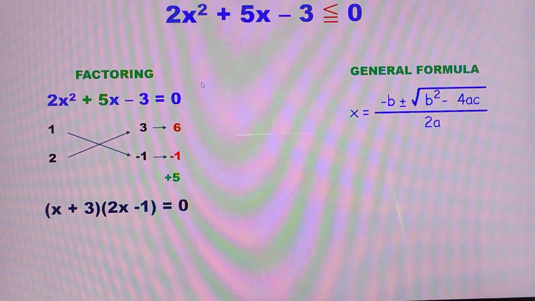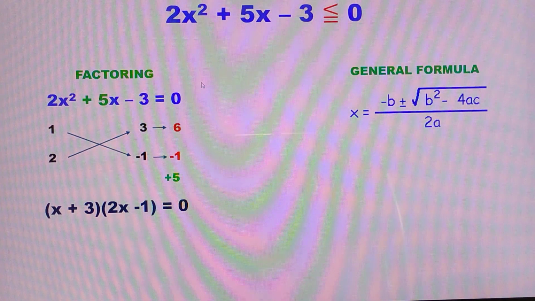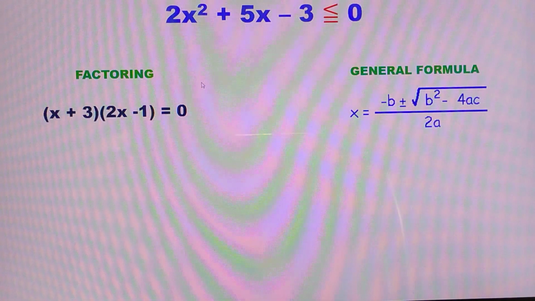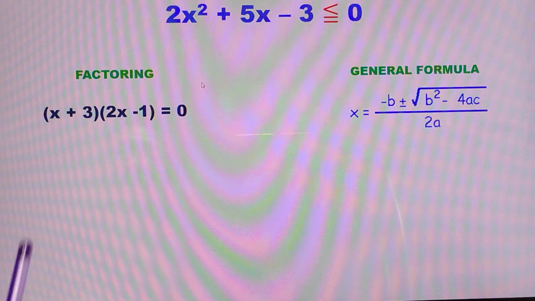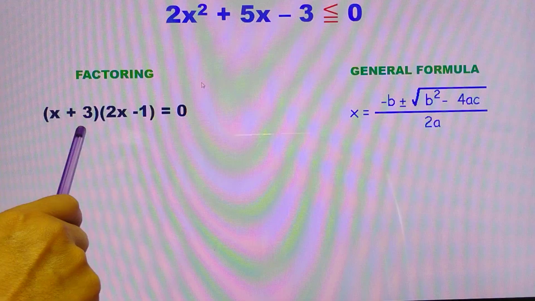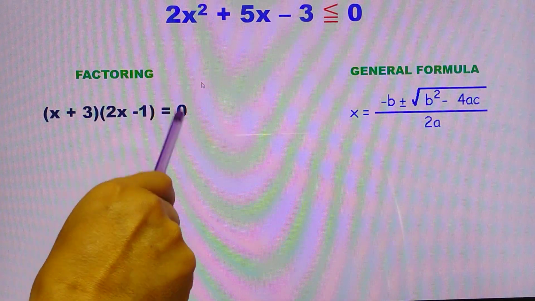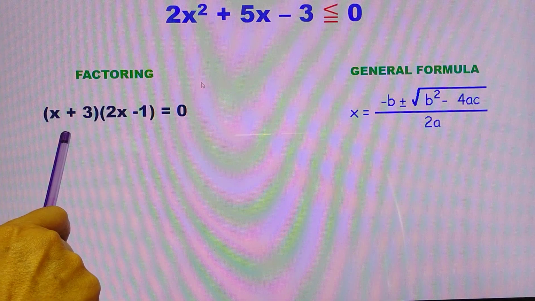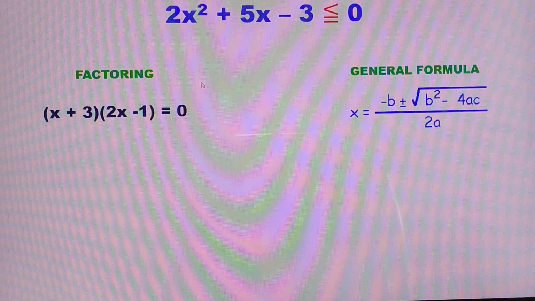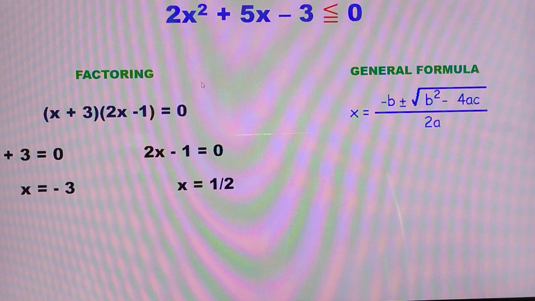And to solve that, we use a mathematical theorem, that is, if something is multiplied by another thing and the result is 0, the first thing is 0 or the second one is 0. That is a mathematical theorem or mathematical law.